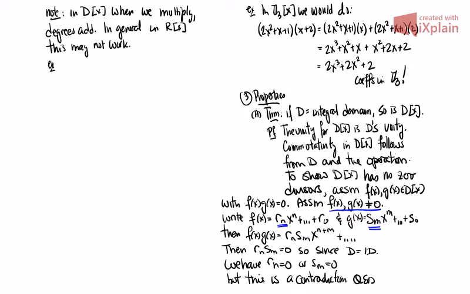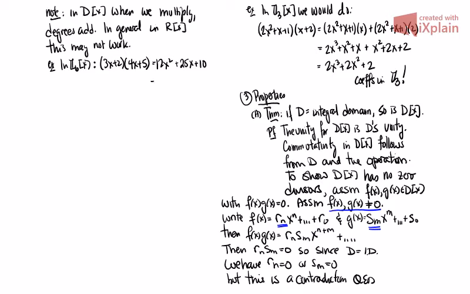So for example, say you're in Z_6 of x. If you take something like 3x plus 2, the one I did in the notes, times 4x plus 5, degree 1 times degree 1, I get 12x squared plus 8x plus 15x plus 10. So 15 plus 8 is 23.